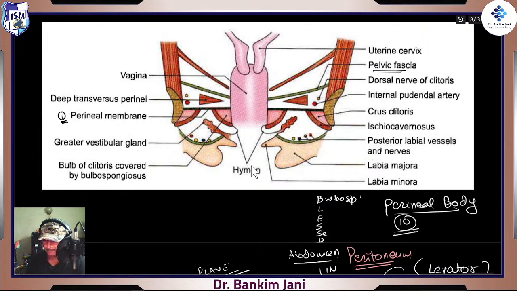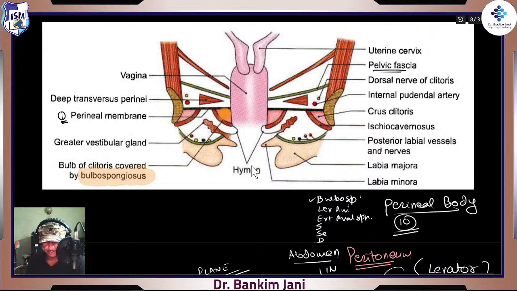Here it is. This is bulbospongiosus. So that is one. It is bilateral, so it is on both the sides. Then levator ani, then external anal sphincter.